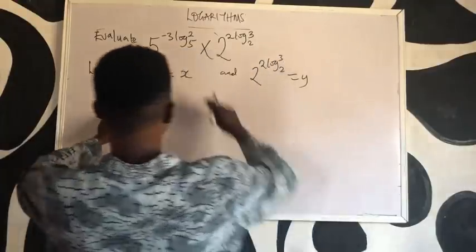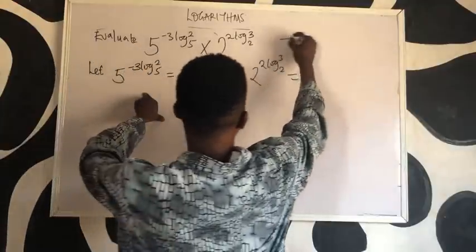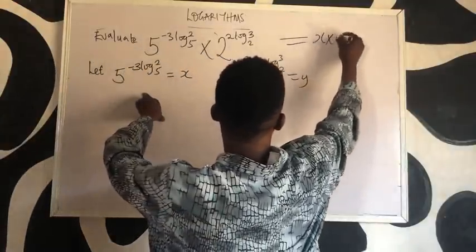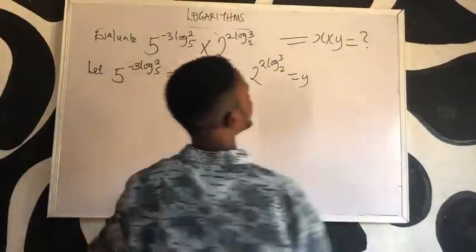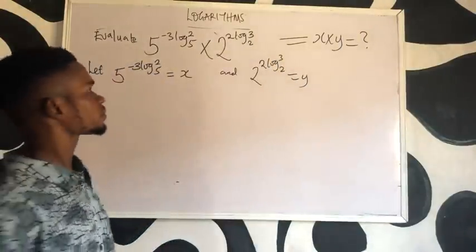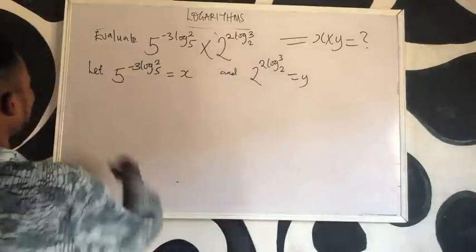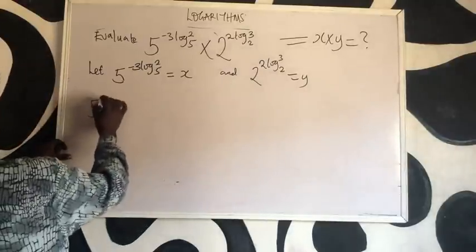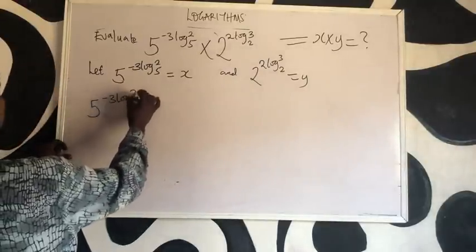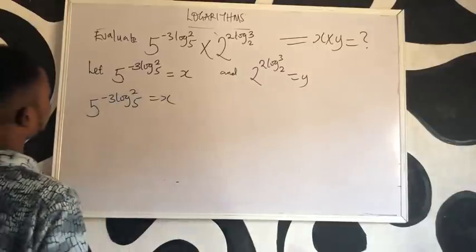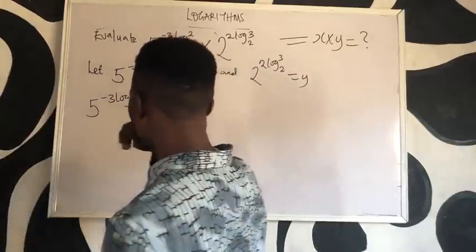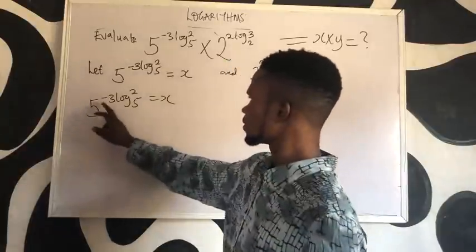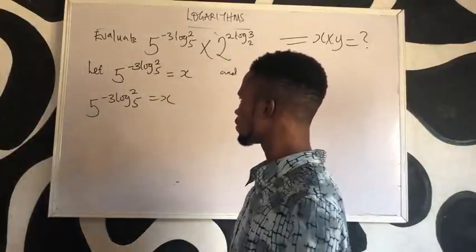So this is x, this is y. Then our answer should be x times y, which is what we are looking for. So 5 raised to power minus 3 log 2 base 5 is equal to x. Now, how do we solve this?